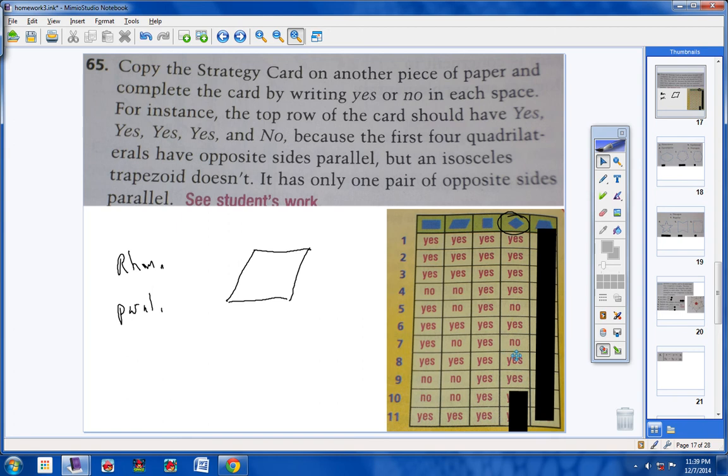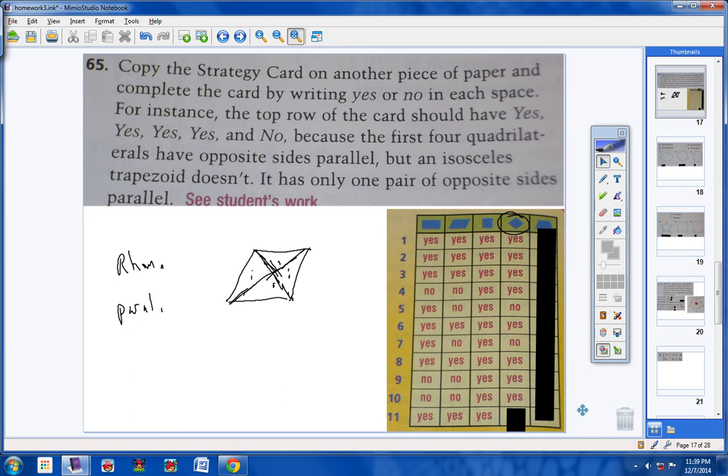Always. So yes. And then number 11, diagonals divide into congruent triangles. And yes, that's true, because we have a parallelogram. So this triangle here is congruent to this triangle here, and this triangle here is congruent to this triangle over here. So the answer is yes, okay?